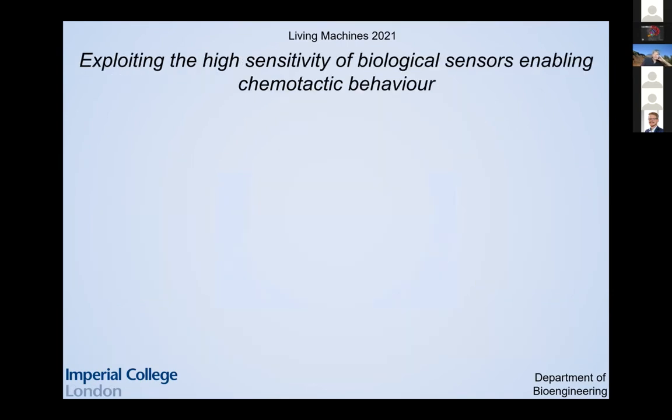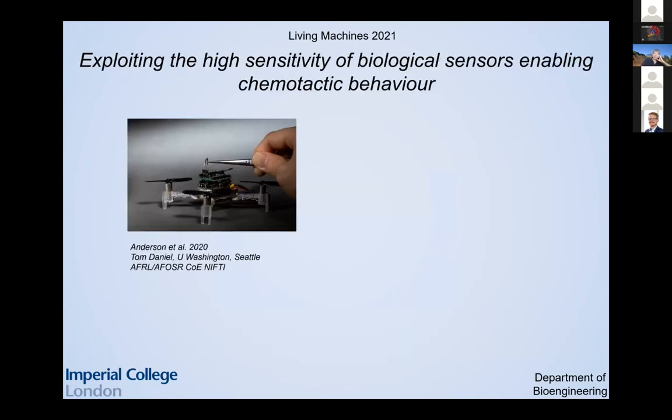Right. Now I have a few examples that are dealing with biohybrid systems that are not exactly focusing on vision, but rather on chemotactic behavior or olfactory behavior. And here on the left-hand side, this is a photograph of a crazy fly.